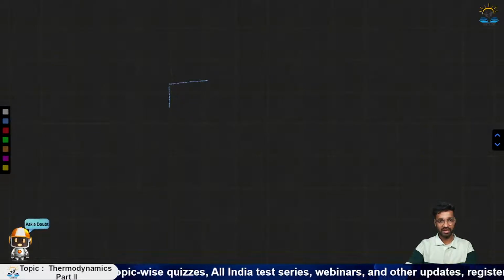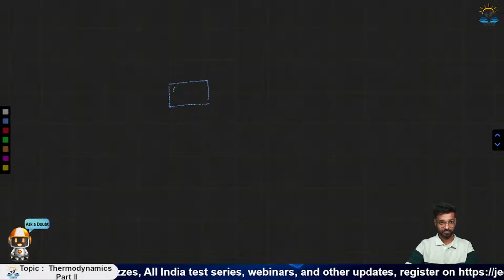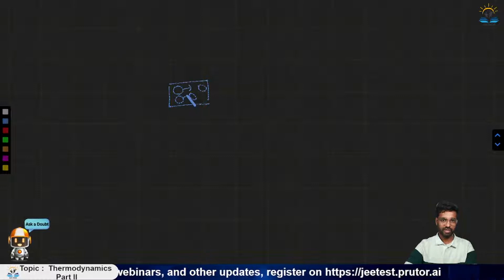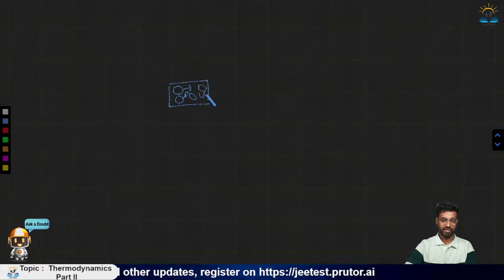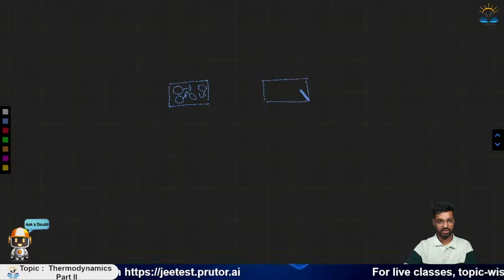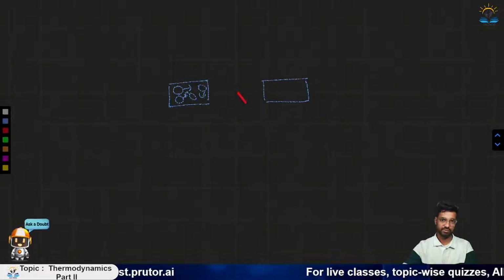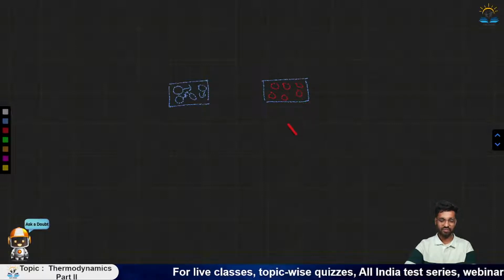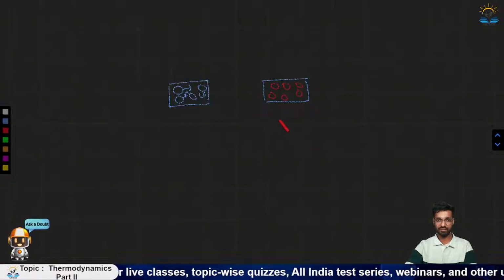Suppose a system is random, meaning it can move here, it can move here, it can go there, it can be placed in any place. So the molecules are more random, and can move anywhere. That is the idea of randomness.